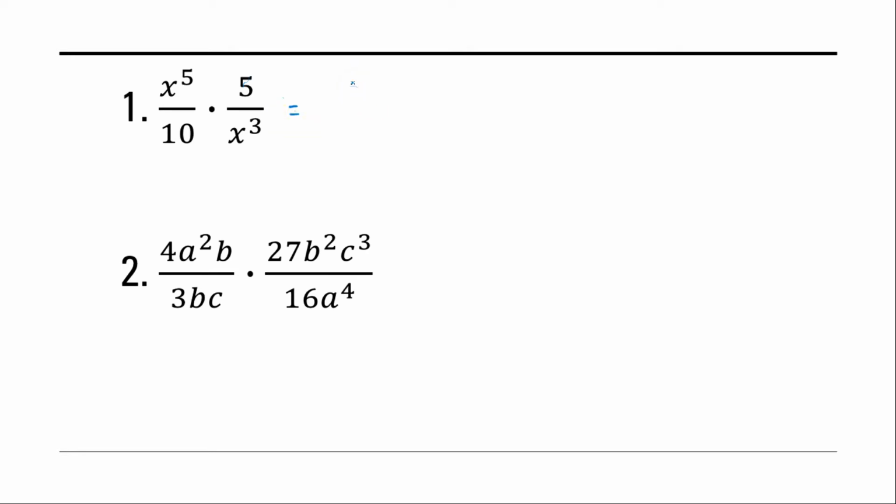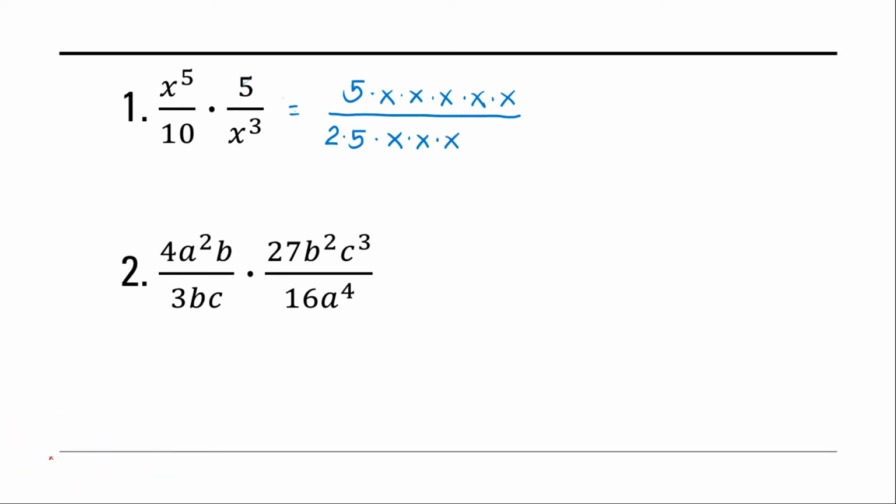That is just the same as 5 times x times x times x times x times x over 2 times 5 for number 10, and then we have x times x times x.